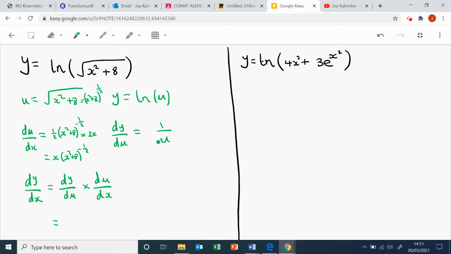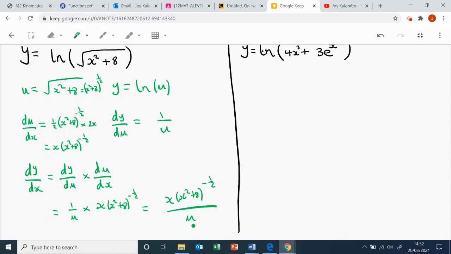So dy du was equal to 1 over u, and du dx was equal to x times x squared plus 8 to the power of minus a half. And simplifying that just becomes x times x squared plus 8 to the power of minus a half over u.